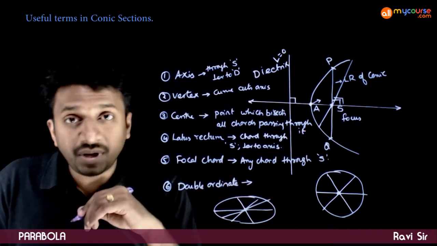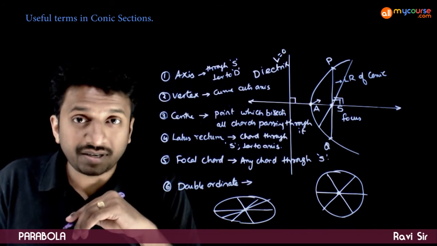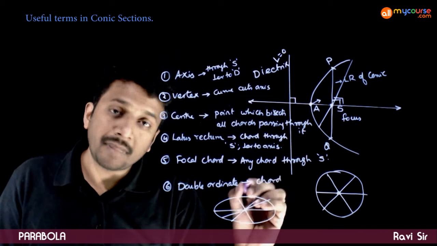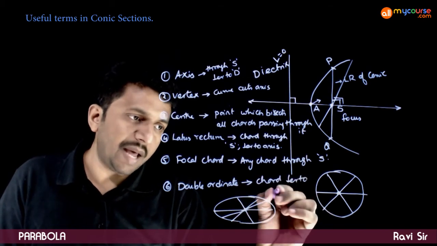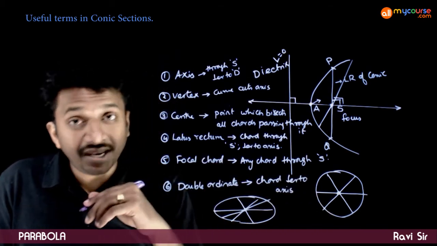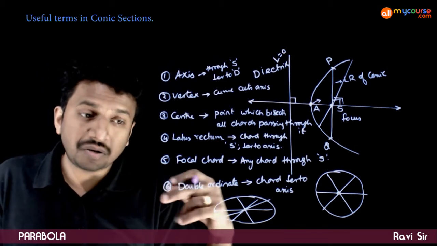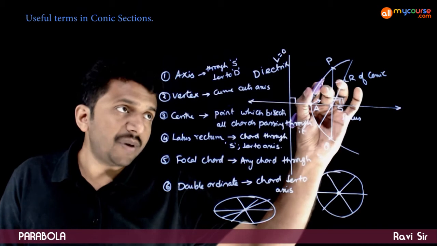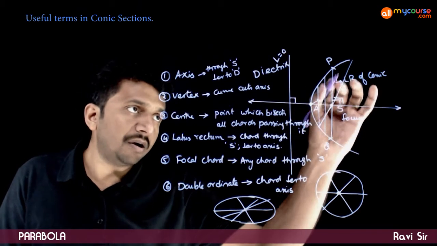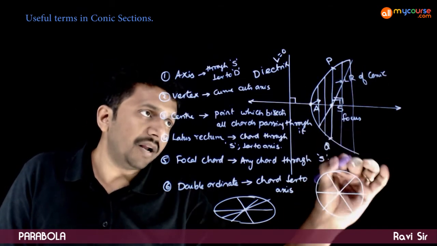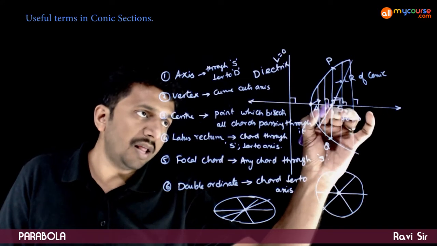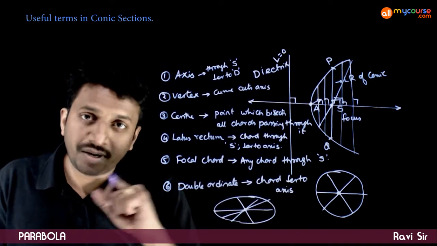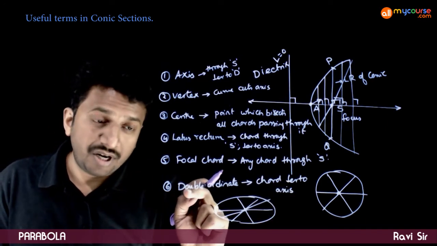And double ordinate. What is a double ordinate? A double ordinate is a chord perpendicular to the axis. So any chord perpendicular to the axis is called a double ordinate. Latus rectum is also a double ordinate. Apart from this, any chord which is perpendicular to the axis is a double ordinate.